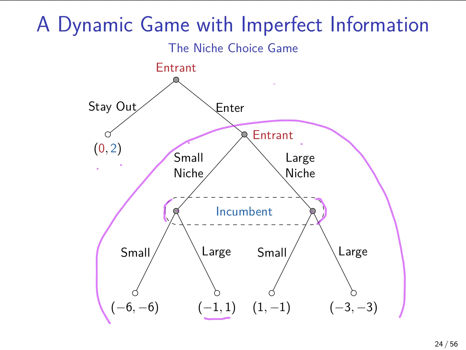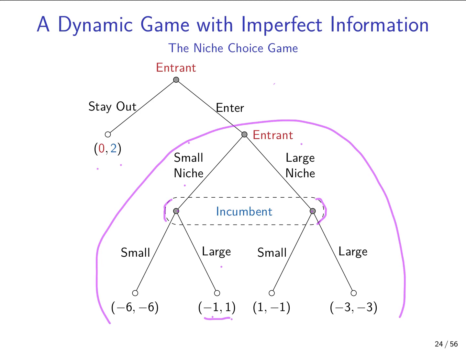In this case, the entrant after entering would choose the small niche, and the incumbent would choose the large niche. The entrant would get -1, and the incumbent would get 1. Knowing that, this would be the best response for the incumbent. That would be the Nash equilibrium in this subgame.